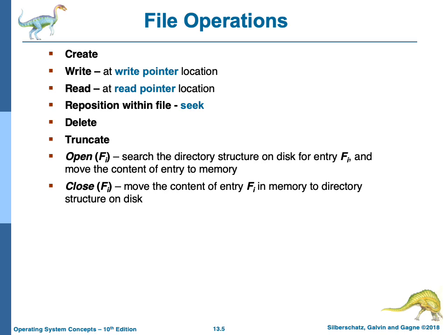We need a table to keep track of all the currently opened files, and we need a pointer that will point to the last read or write location. We're also going to need a count of how many files are currently open, the disk location of that file, as well as the access rights to that file.